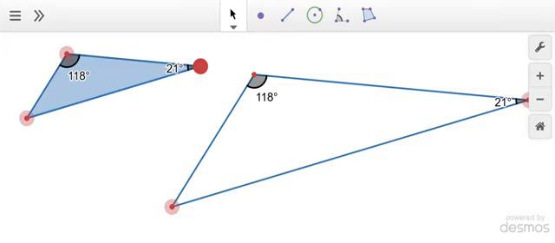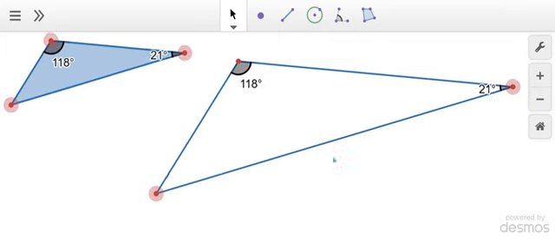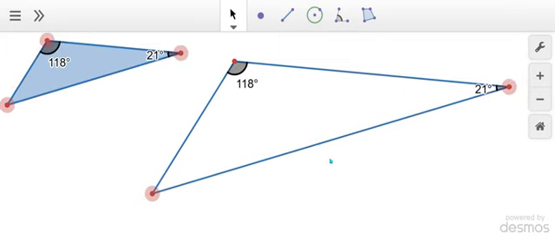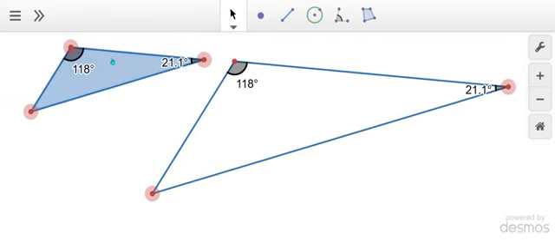Now, if they are similar, what I want to see is, okay, so Miss Sly says they're similar. I want to see, what does that mean for the length of the sides? Okay, so watch this.